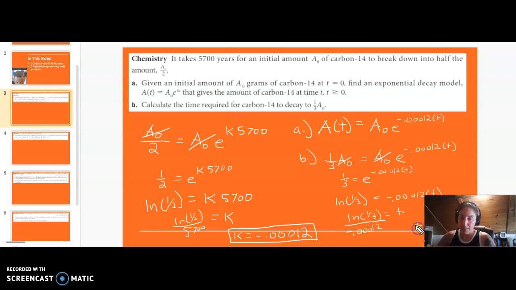So we get t equals ln of a third divided by negative 0.00012, and I'm going to round this to the nearest year: 9,155. So it would take 9,155 years for any amount of carbon to decay to a third of the amount we had. We're going to do this again in the next example.